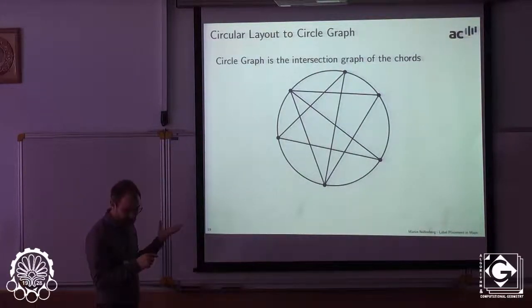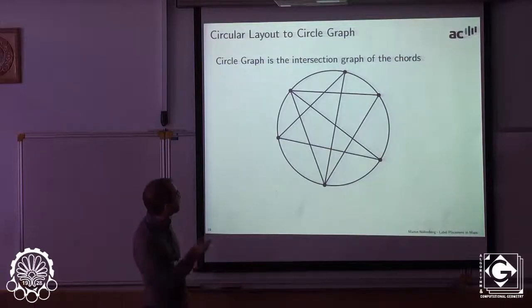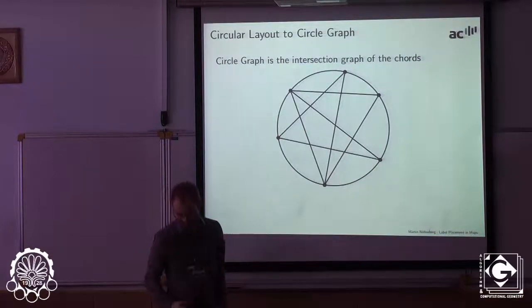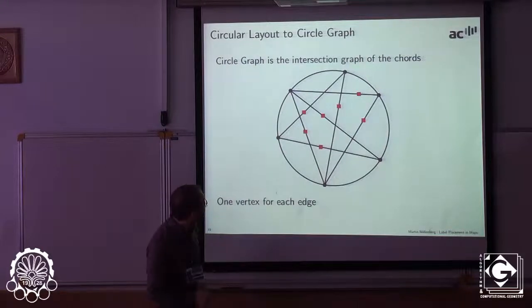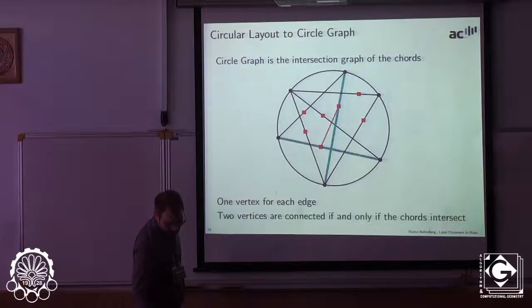We will use a lot the circle graph that we get from this particular layout. And this is an intersection graph using the chords of the circular layout as the vertices. Okay? So we have a number of edges here, and some of them intersect, others do not intersect. Every edge becomes a vertex in the circle graph, marked in red here. And we connect any 2 vertices in the circle graph if their corresponding chords intersect.